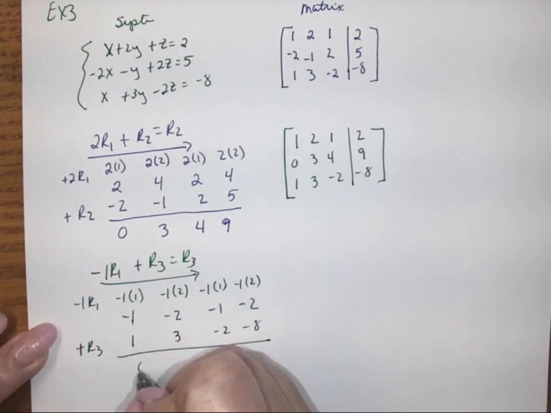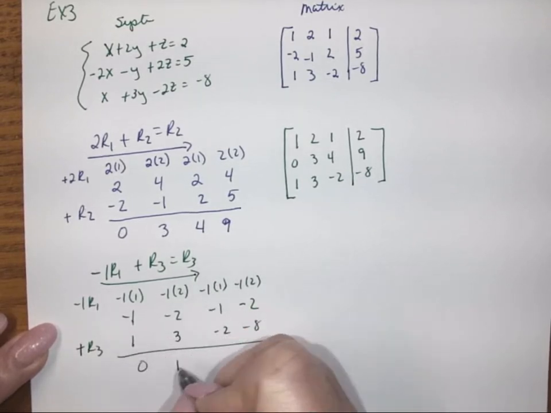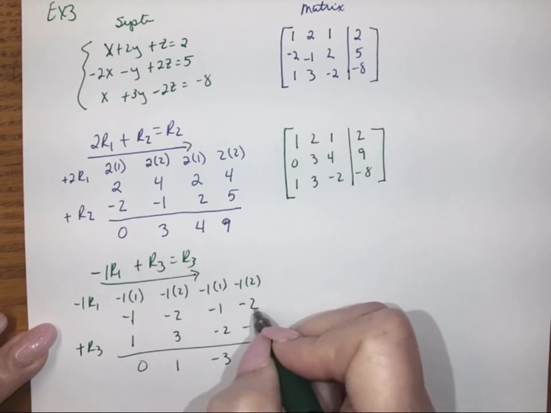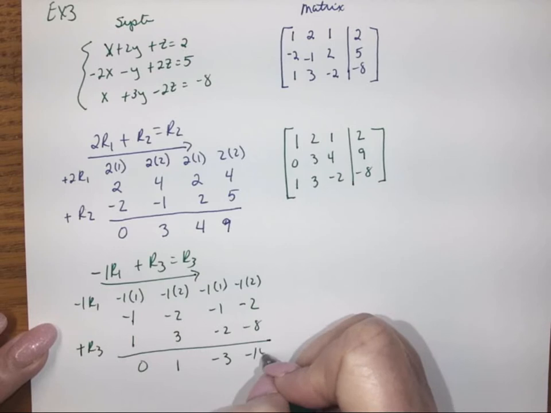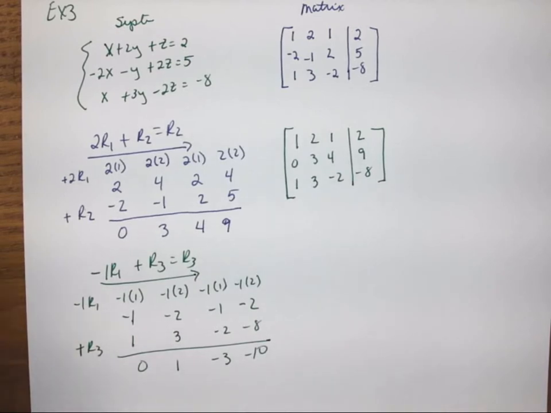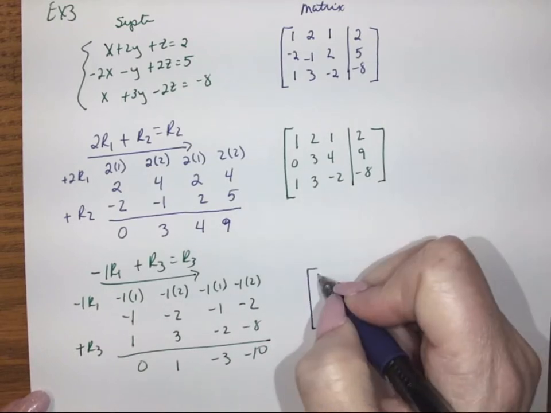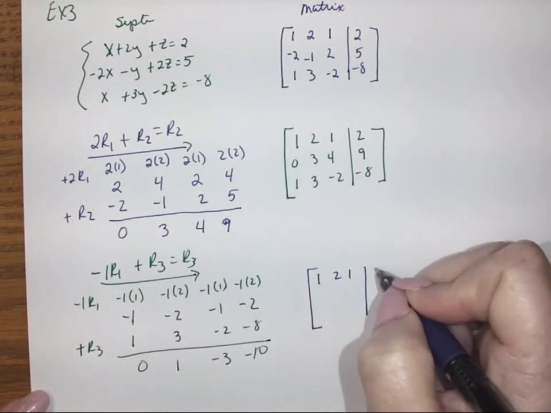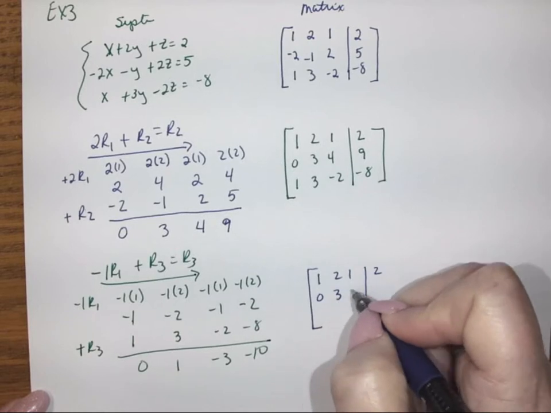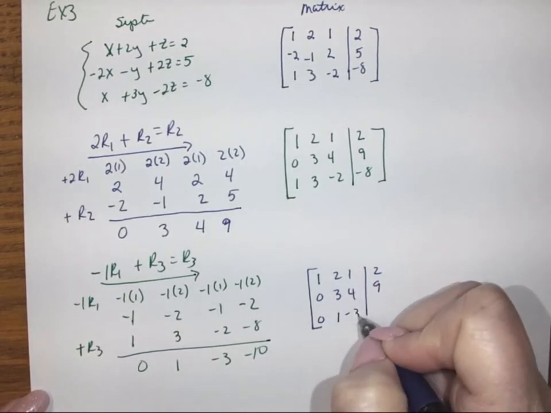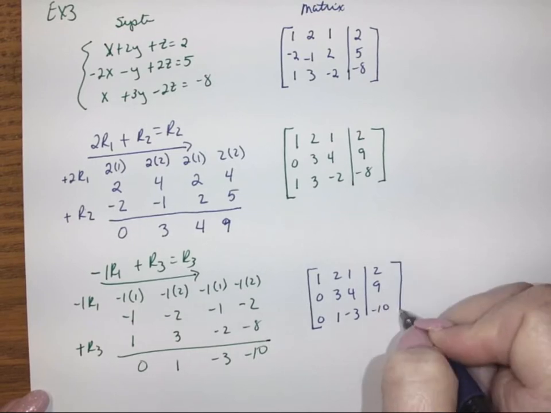Negative 1 and 1 will get us 0. 3 minus 2 is 1. Negative 1 minus 2 is negative 3. And negative 2 minus 8 is negative 10. Rewrite our matrix. So 1, 2, 1, and 2, 0, 3, 4, and 9, and 0, 1, negative 3, and negative 10.